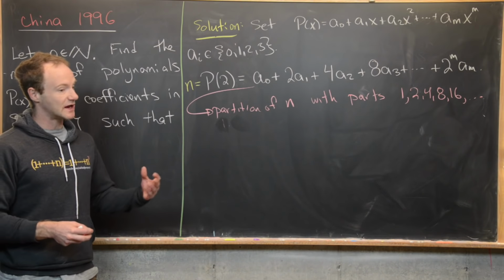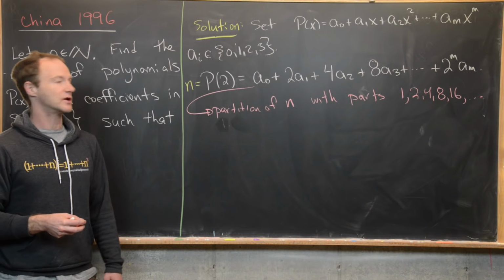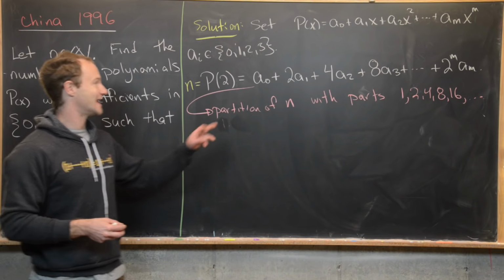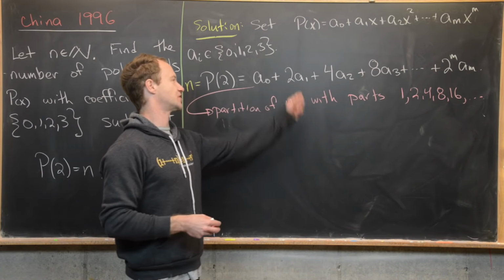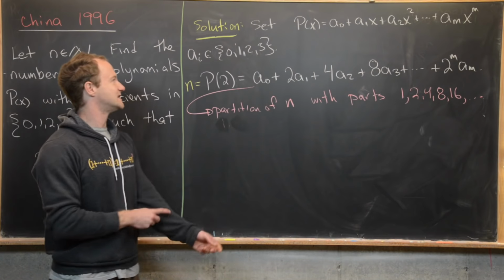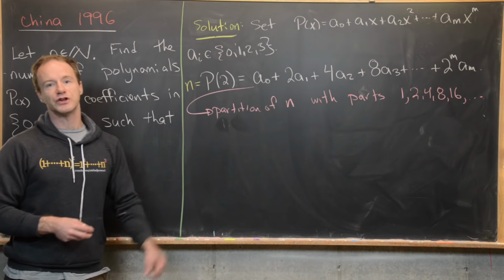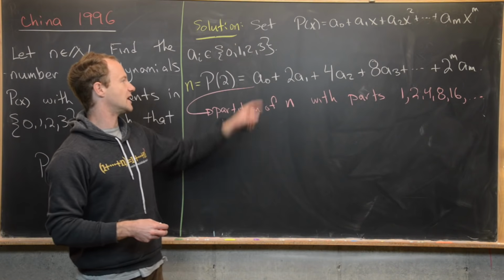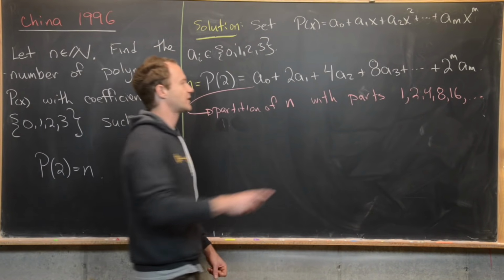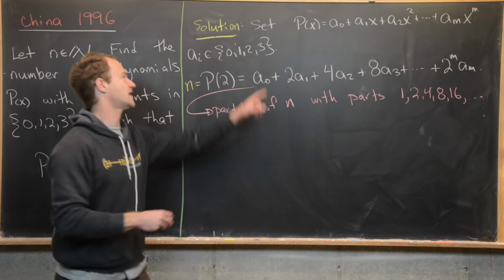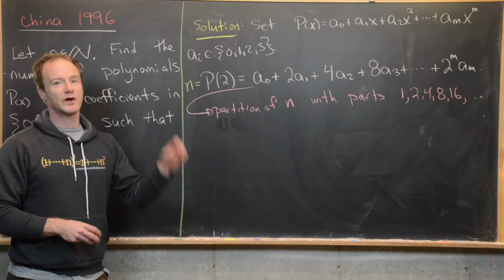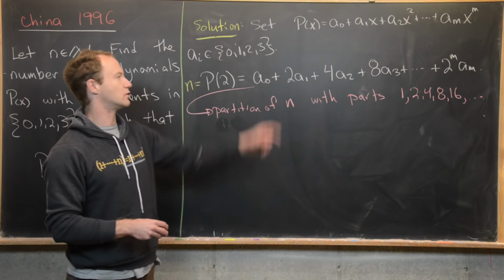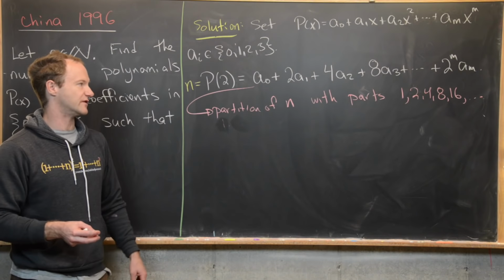And then we also can figure out how many of each part we're using, and that is governed by this coefficient here. So notice if a0 is 2, then we're using 2 parts that are equal to 1. But then for instance, up here, if a3 is equal to 3, then we are using 3 parts that are equal to 8, because that's the coefficient of 8 here.